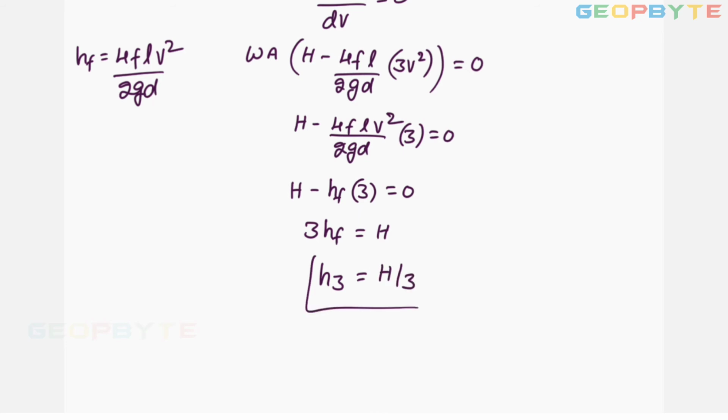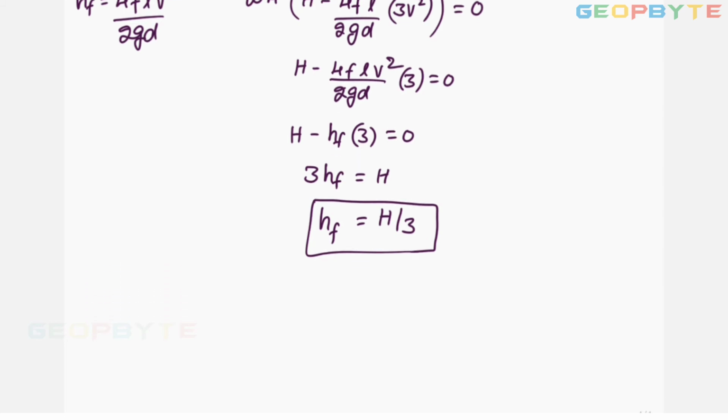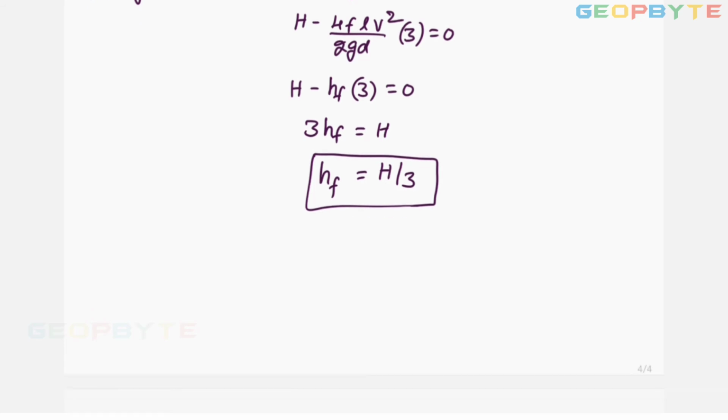That means if the head loss due to friction is equal to 1/3 of the head available at the inlet of the pipe, you can expect the maximum power in the water at the outlet. Once again, if the head loss due to friction in the pipe is equal to 1/3 of the head available at the entrance of the flow, the power transmitted by the pipe, or power available with water at outlet, is maximum.